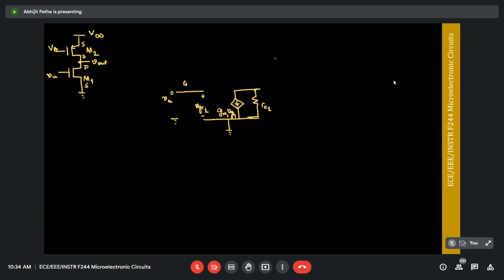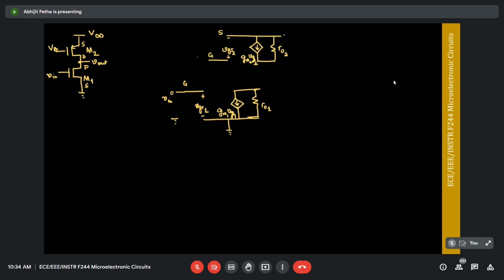So let's now draw the model for M2. This is the gate of M2 and this is the source of M2. Remember, in the PMOS, the current direction is going to be opposite to that of the NMOS. So this is vgs2, this is gm2 vgs2, and this is ro2.